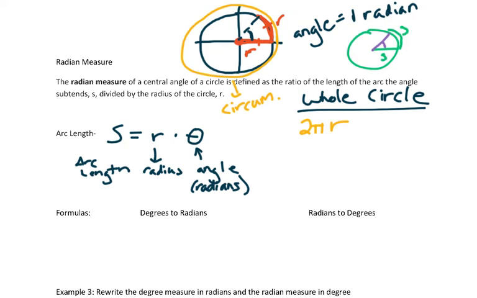So this should equal our arc length, which is r times theta. If I divide each side by r, I'll get 2 pi equals theta, which means that 2 pi radians is the same thing as a complete circle, which is 360 degrees.